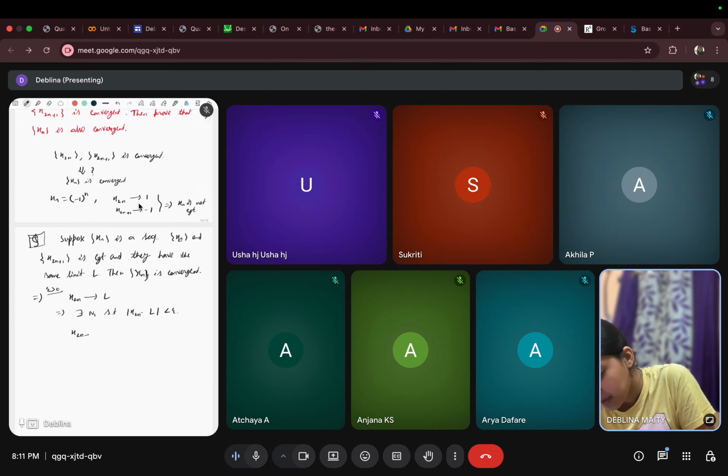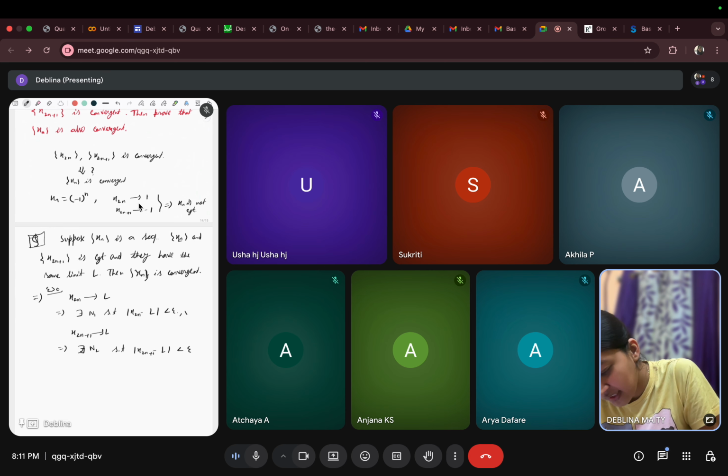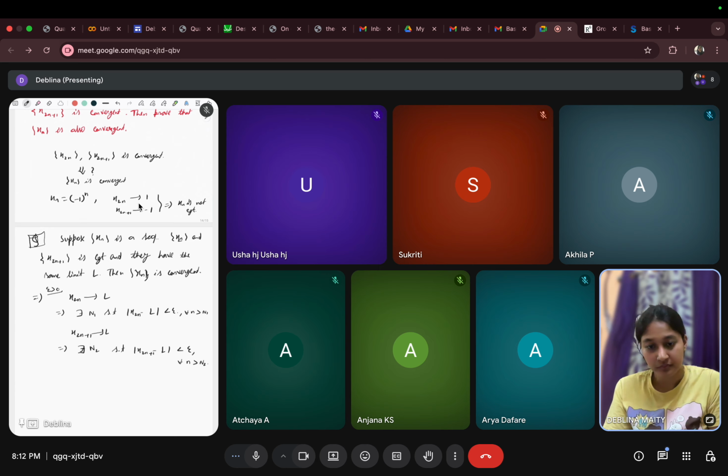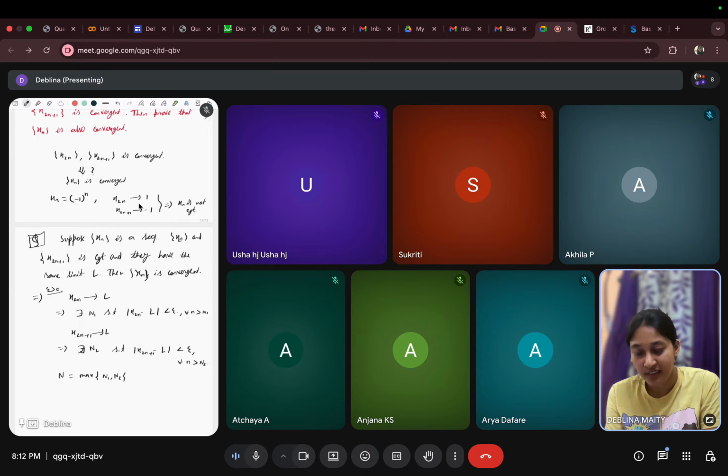Also x2n plus 1 goes to L. This will imply there exists n2 belonging to the natural numbers such that x of 2n plus 1 minus L is less than epsilon, for all n greater than n1, and this is for all n greater than n2, right? Then if we take N to be the maximum of n1 and n2, then both will be satisfied.